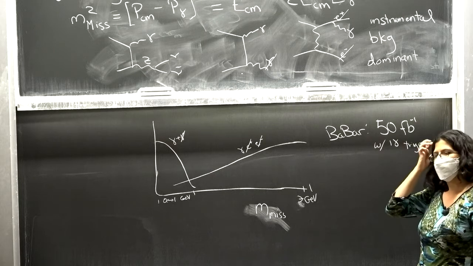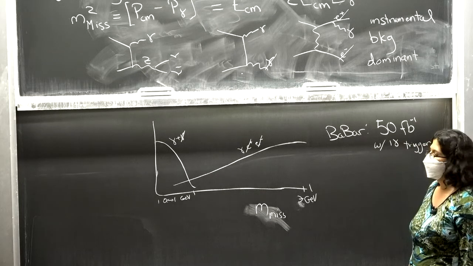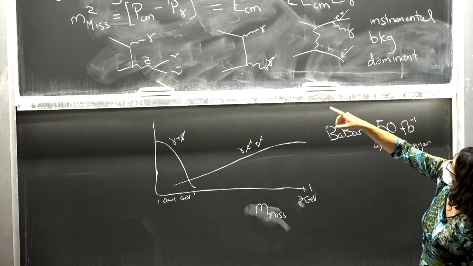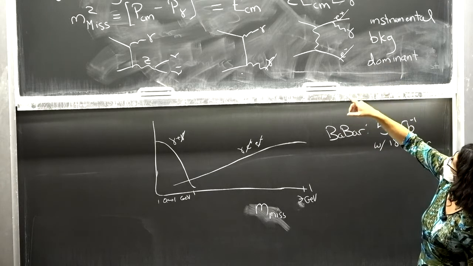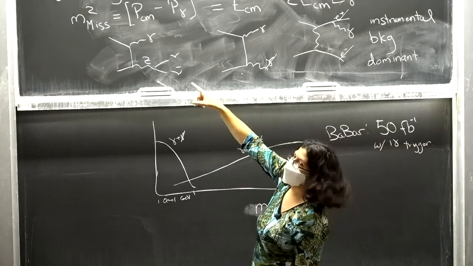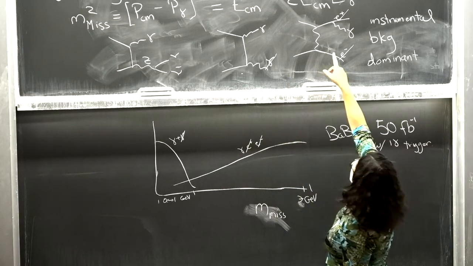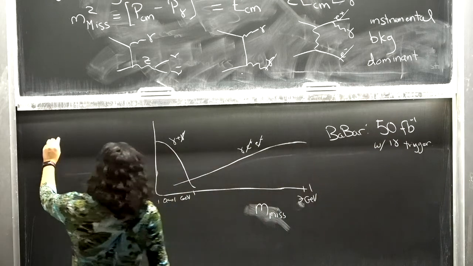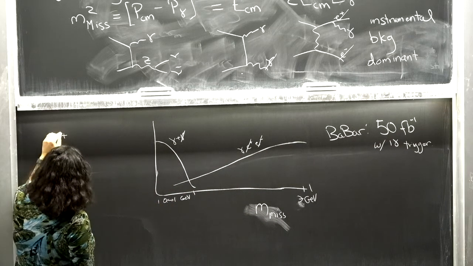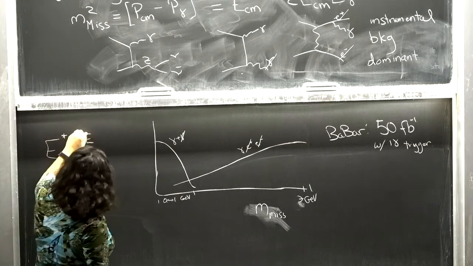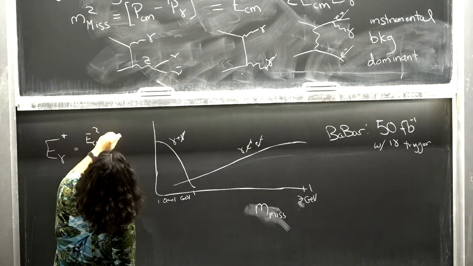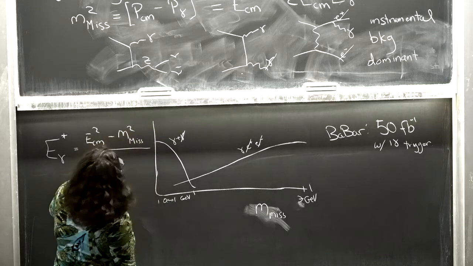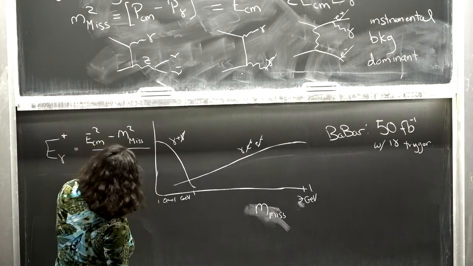Yeah, question? What do you mean the photon gets too soft when you go up to its threshold? So if I wanted my missing mass squared to be 9 GeV squared, then if you invert this and solve for E gamma, the CM frame E gamma is going to be like ECM squared minus MS squared over 2 ECM.